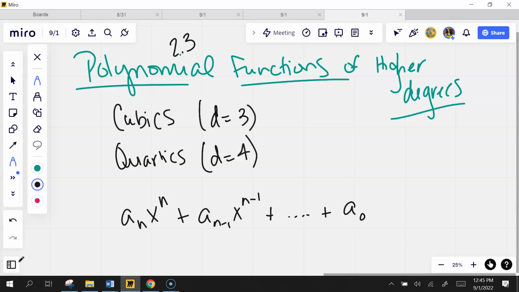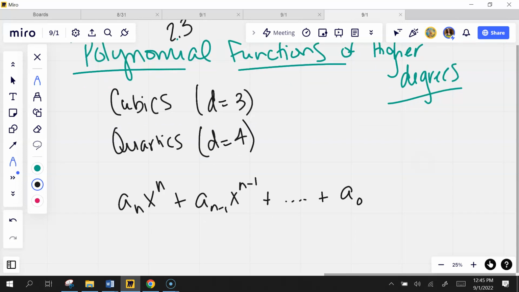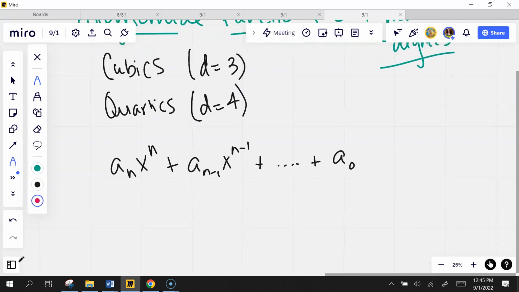All right, so if this is my polynomial, tell me what a sub 0 is called. Okay, but what is it? It's called something else. Constant. That's what I was looking for.